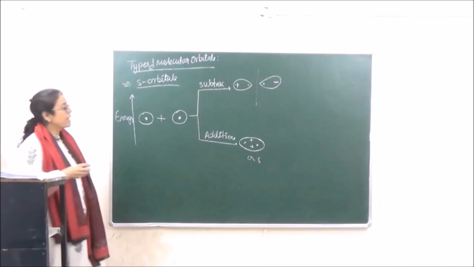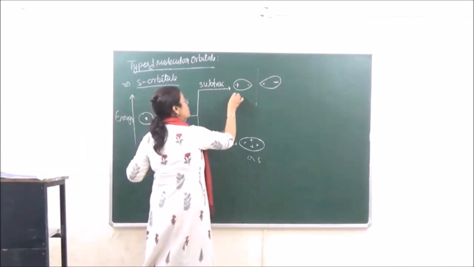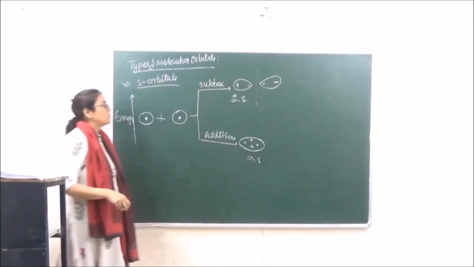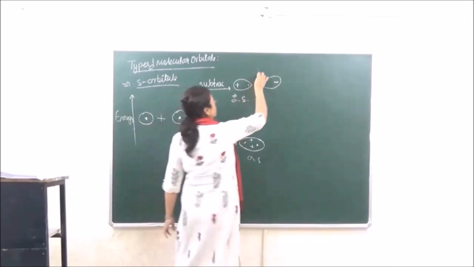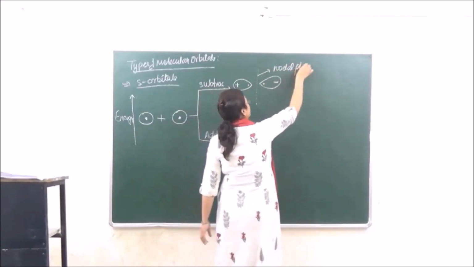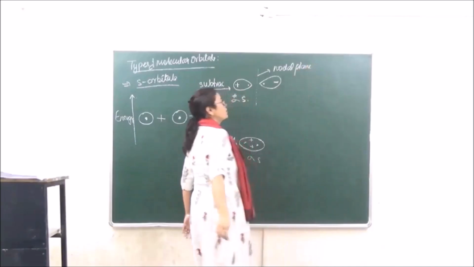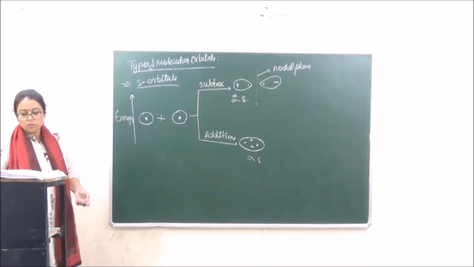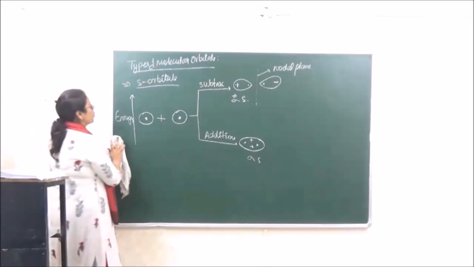So that is known as what? This is sigma anti-bonding S. Right? So as I just told you कि ये जो बीच में आपको नजर आ रहा है, this is going to be the nodal plane.